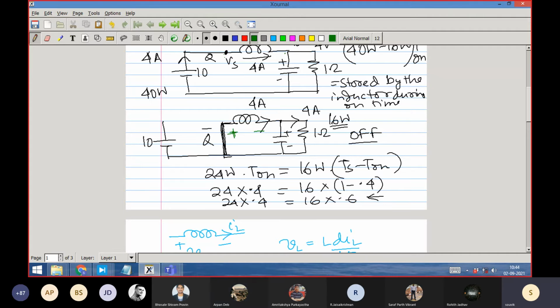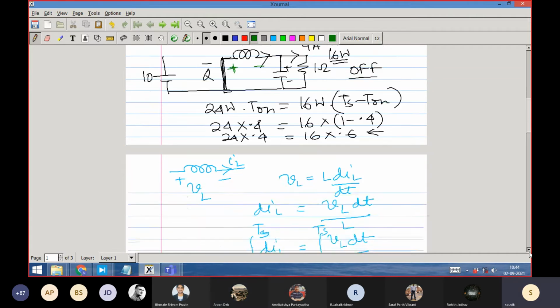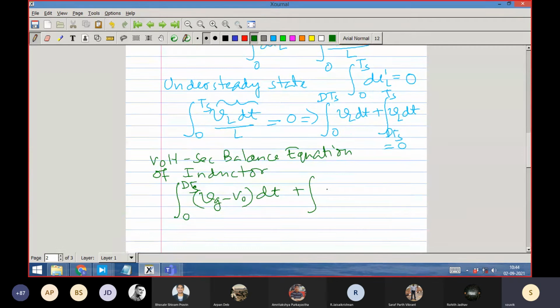Don't change the conception: it is minus V0 into dt, and the integration is done from dTs to Ts. Okay, this is Ts. So that must be equal to 0, right?